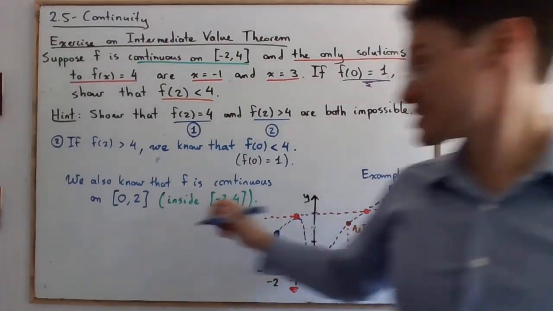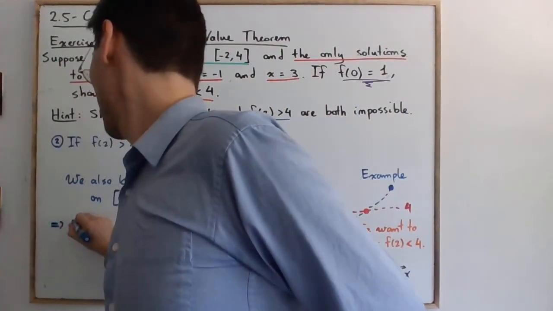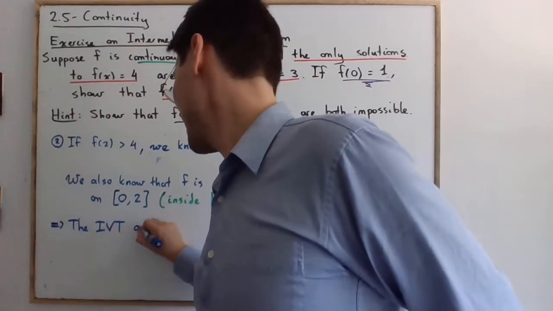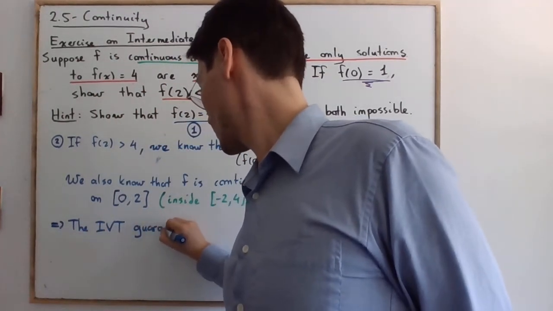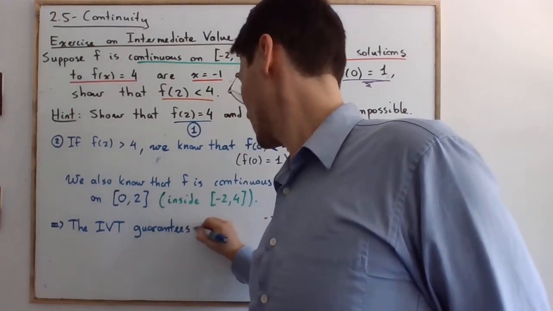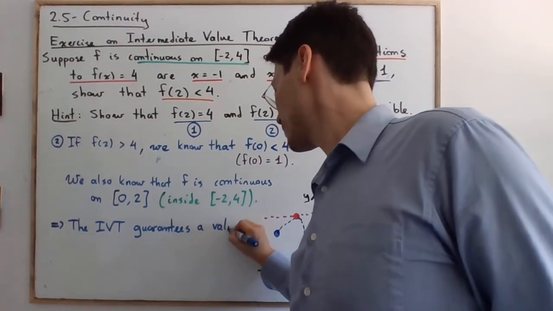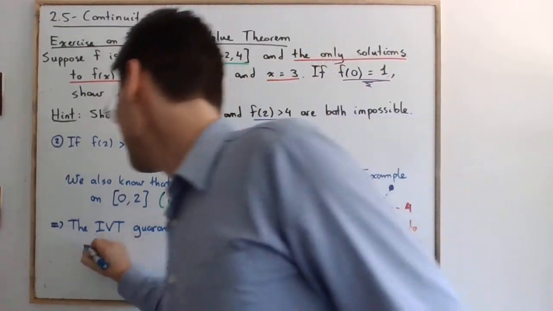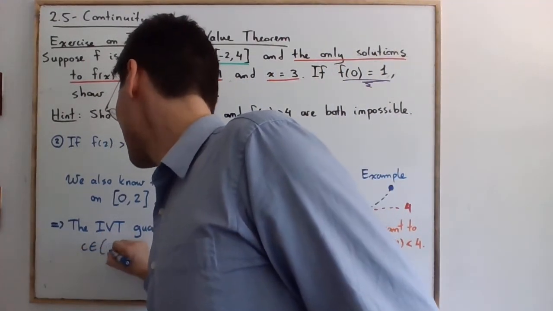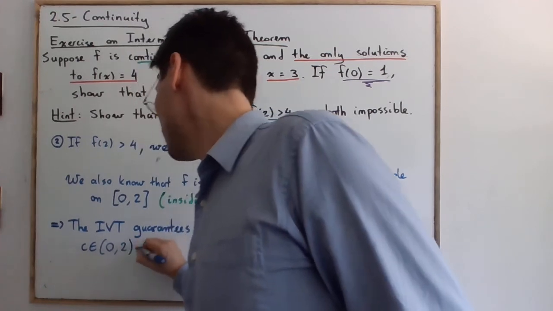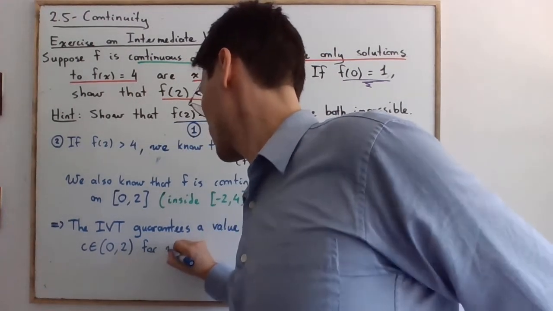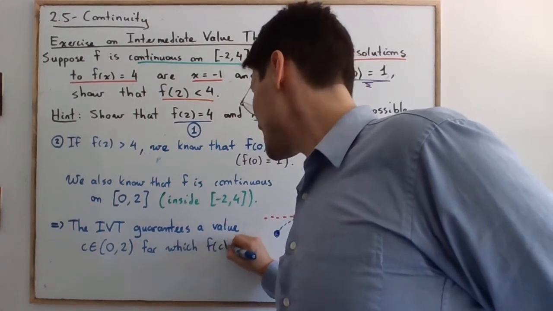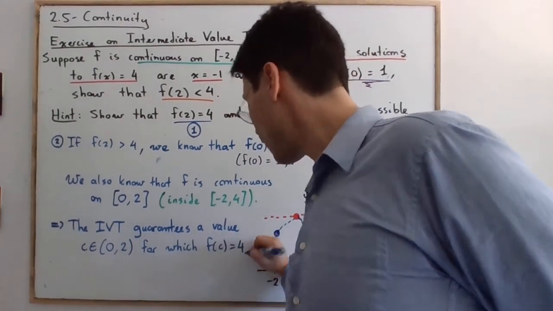And as such, the intermediate value theorem, IVT, guarantees a value C in the interval from 0 to 2, for which f of C is equal to 4.